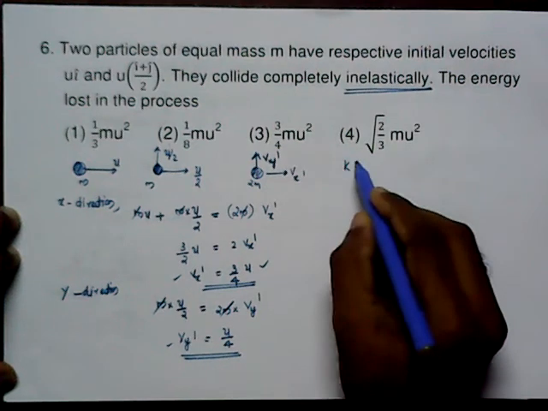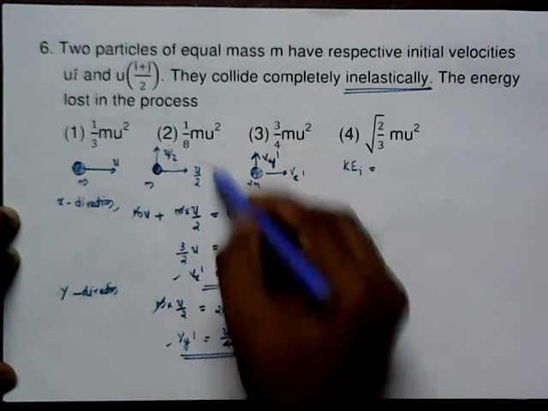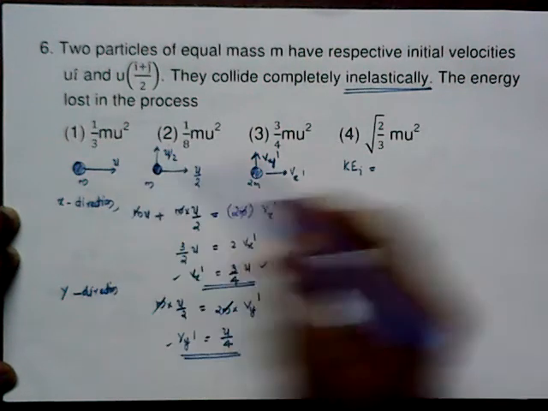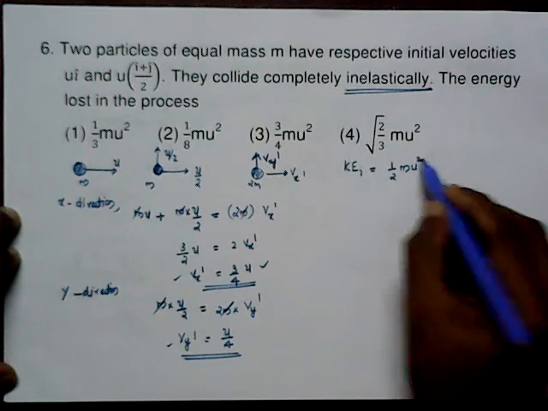Then we can easily find the initial kinetic energy. There are 3 contributions we have to account for. The kinetic energy for m is simply half m u square.